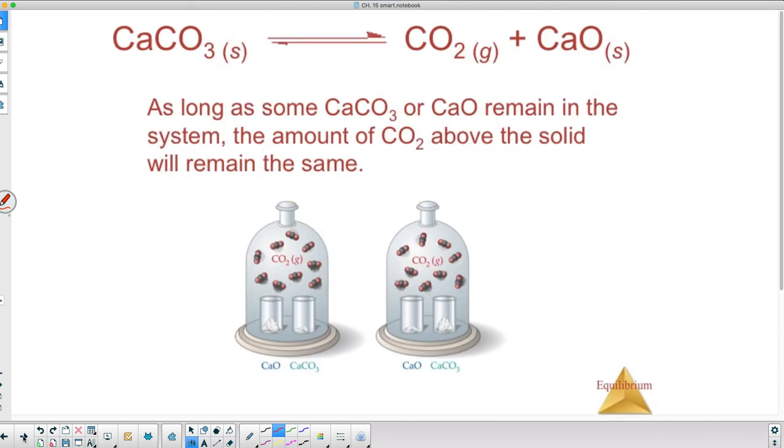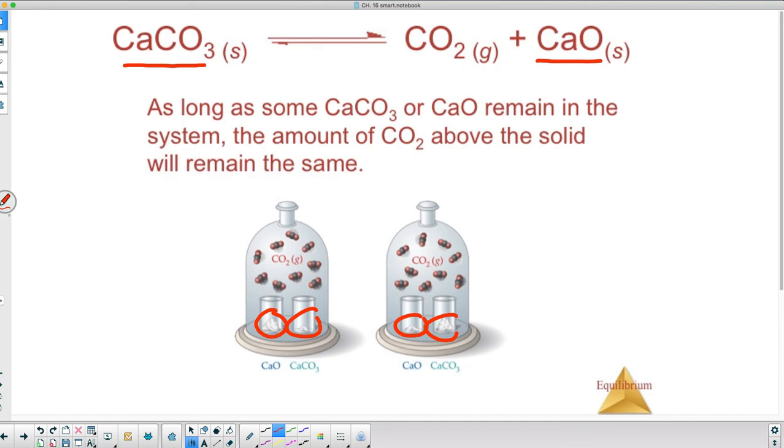Okay, let's keep going. We have another example here. Here is calcium carbonate. As long as some calcium carbonate or calcium oxide remains in the system, the amount of CO2 above the solid will remain the same. So as long as we have these two solids present to establish an equilibrium, then the CO2 will remain present also, even if we change the mass of CaO and CaCO3, calcium oxide and calcium carbonate.